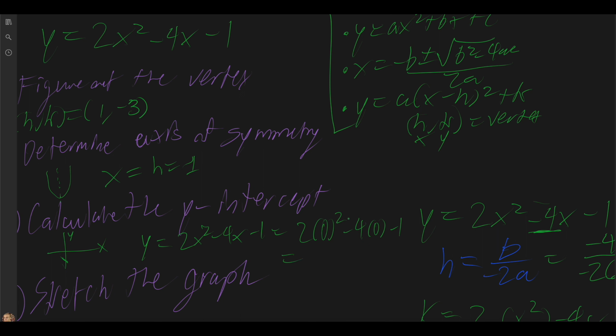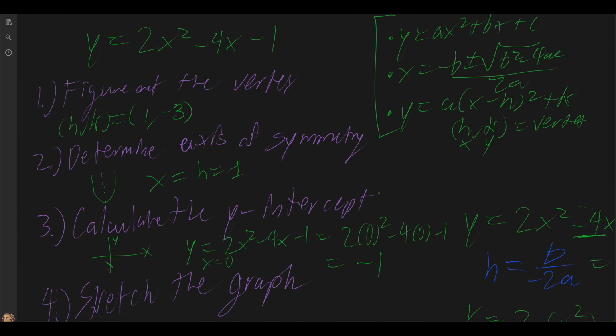After we do the math and multiply everything together, we know that the y-intercept is going to be negative 1, and we plugged in 0 for x. So therefore, our y-intercept is going to be 0, negative 1.